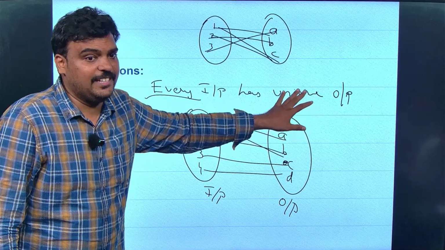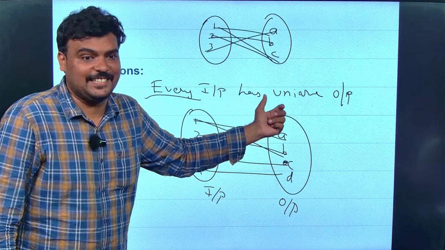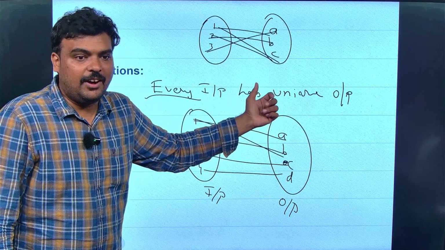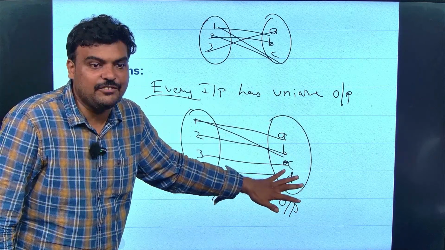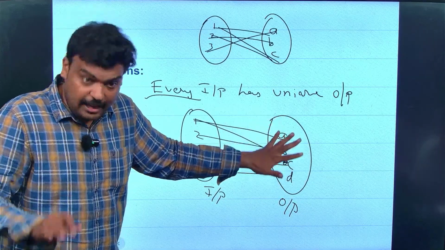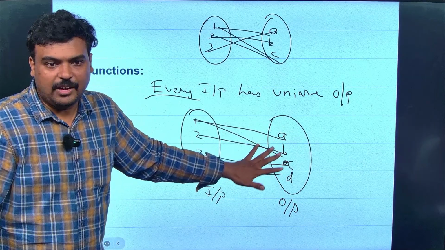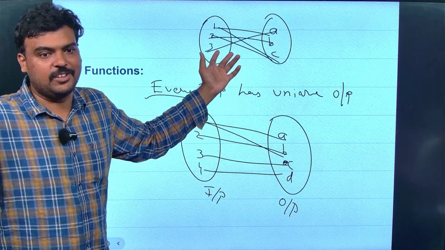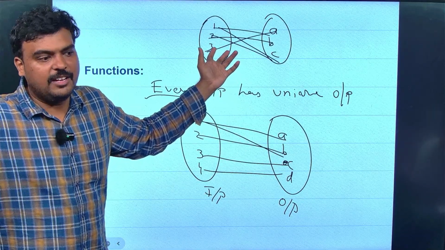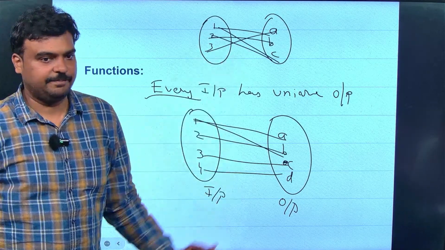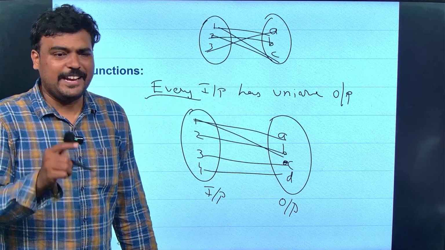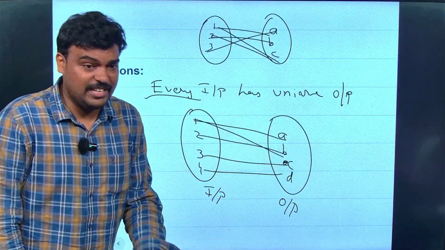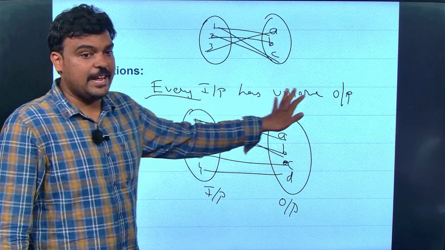What he said, sir, is that it's a subset of relations. All the functions will be relations, but the vice versa is not true. Not all relations are functions. Okay, but that cannot be taken as a definition. What should the definition say? Every input should have a unique output.